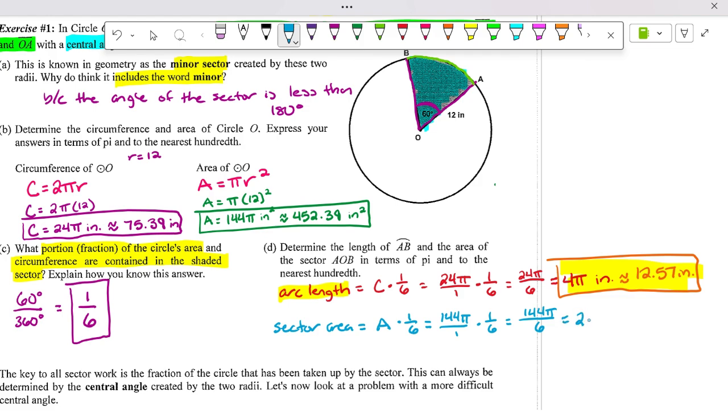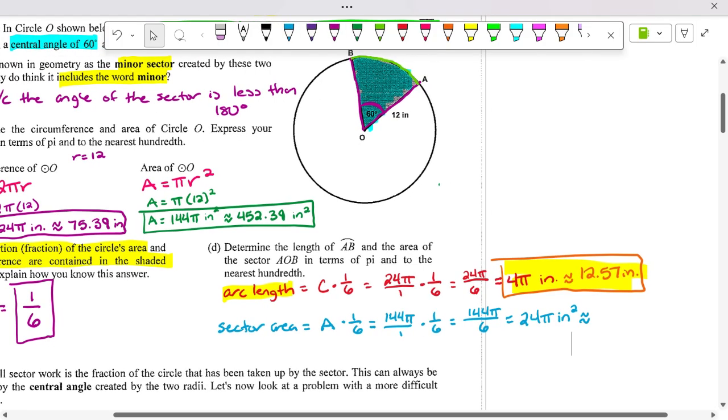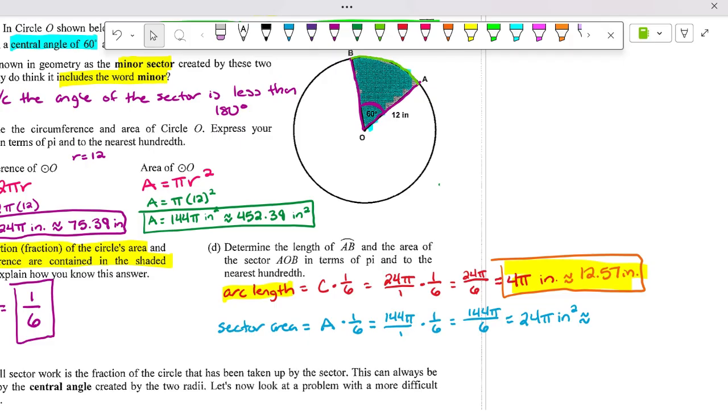So this is equal to 24 pi inches squared, which is approximately what? If you put 24 pi in your calculator, what is that approximately?